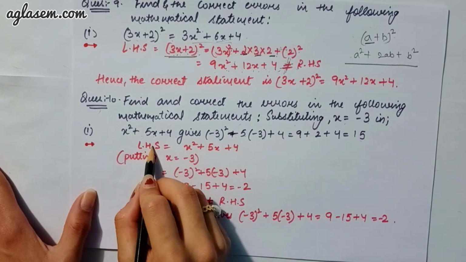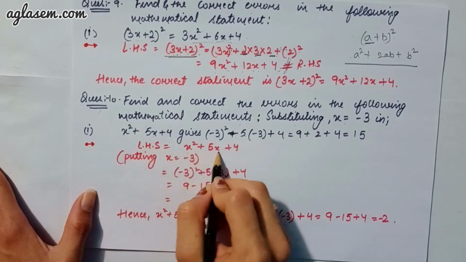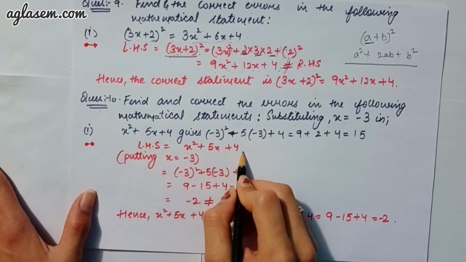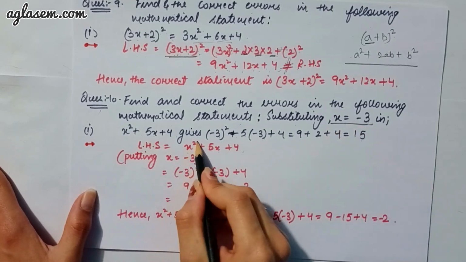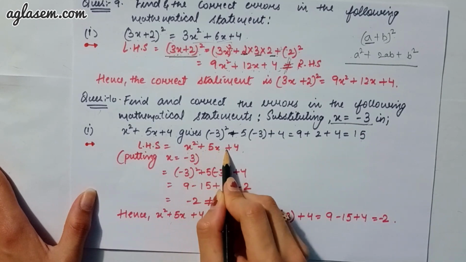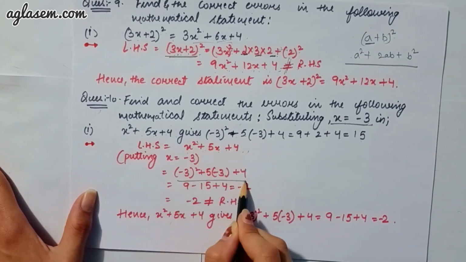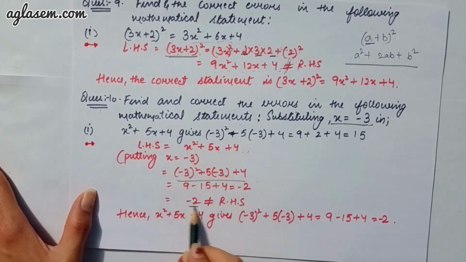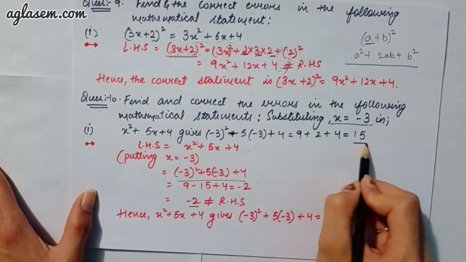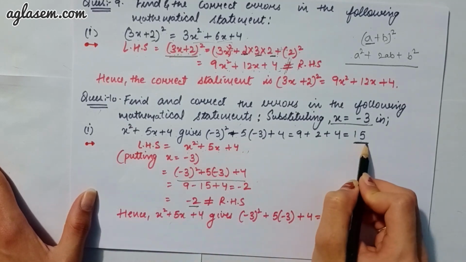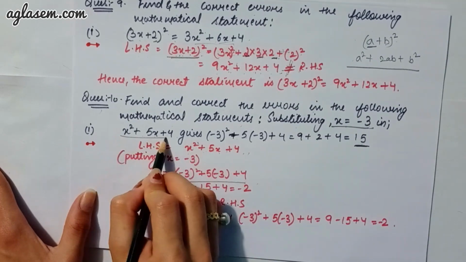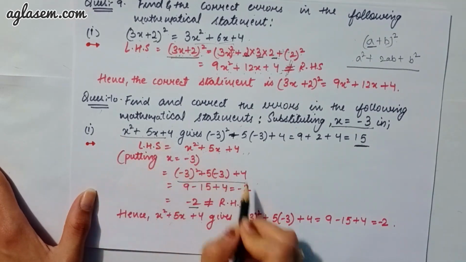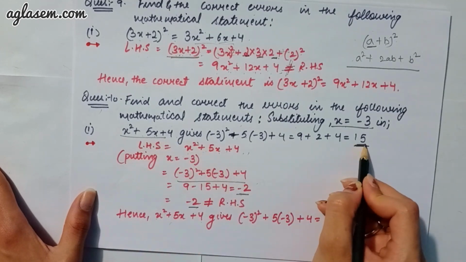Taking our LHS, x² + 5x + 4, now putting x as -3, that is (-3)² + 5 into -3 + 4. Solving this, we will get -2, which is not equal to RHS, that is 15. So the correct statement is x² + 5x + 4 equals -2, not 15.